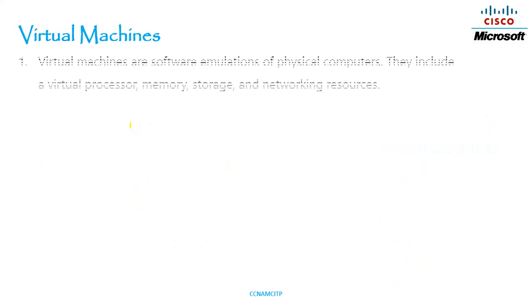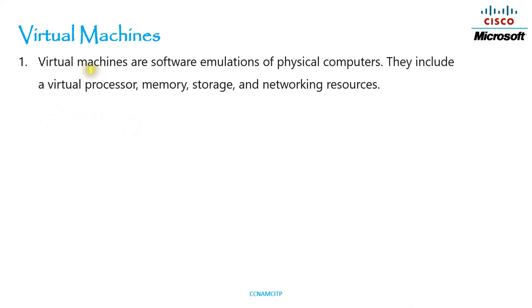So guys, virtual machines are software emulations of physical computers. They include virtual processor, memory, storage, and networking resources. So emulations basically.